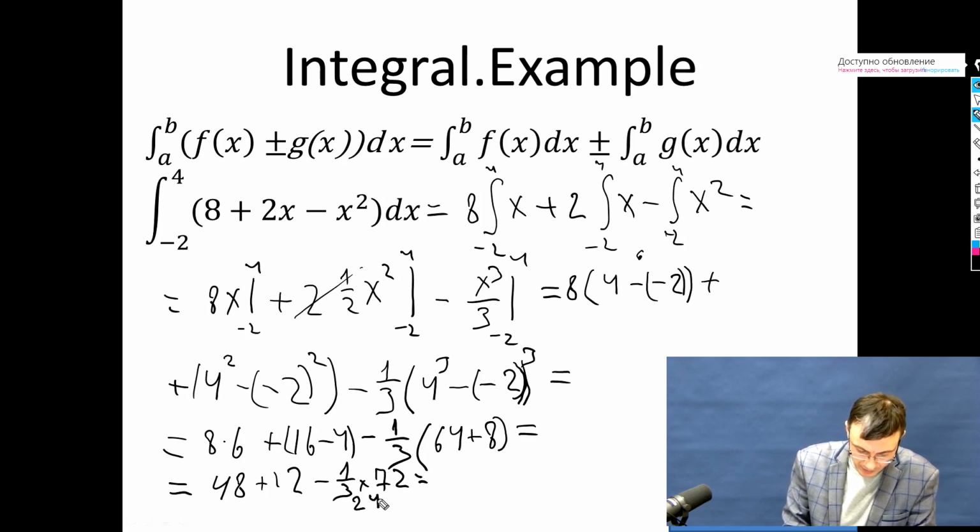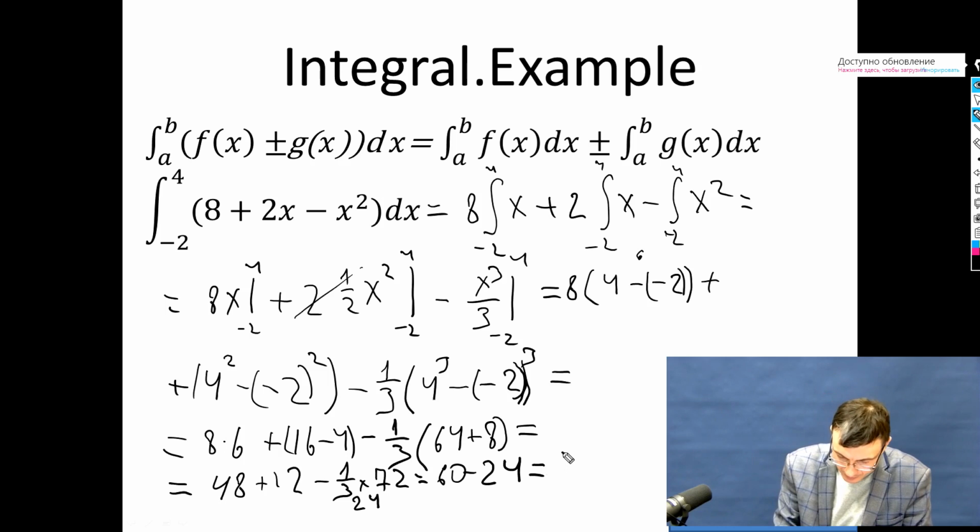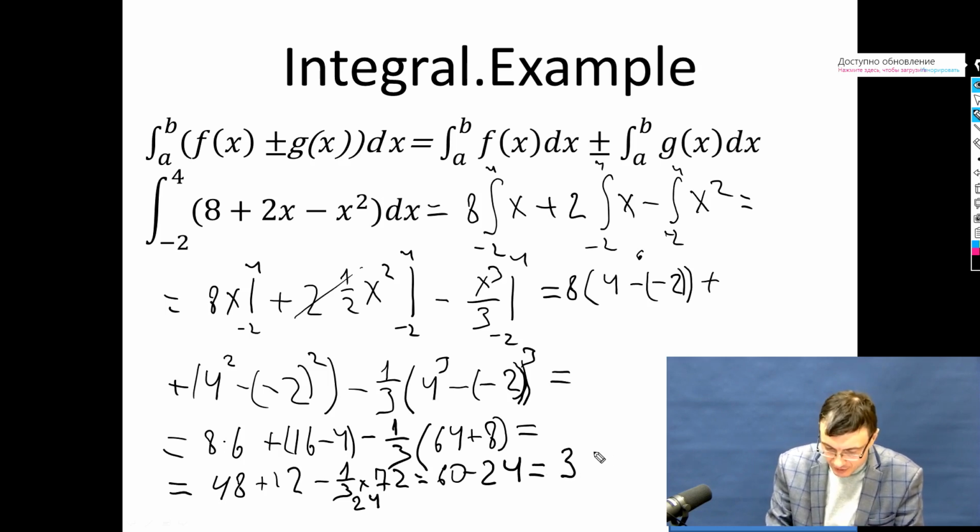So we have 60 minus 4, and it will get us to our final result. That will be 36.